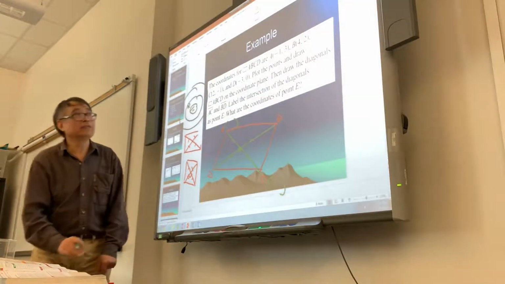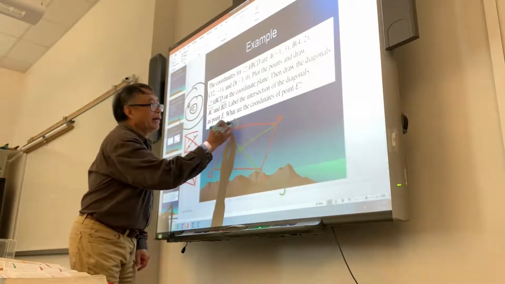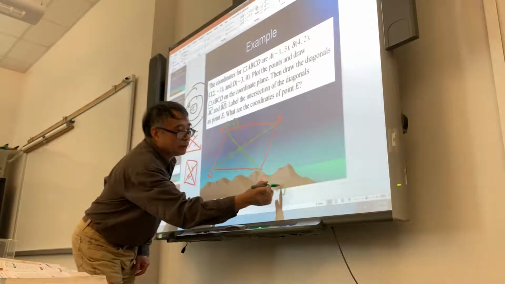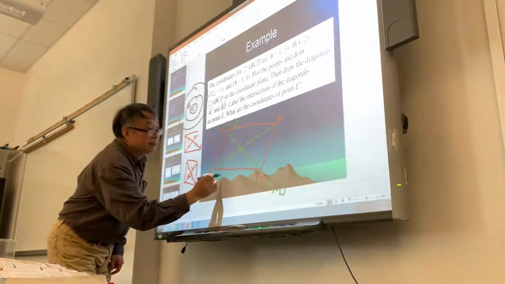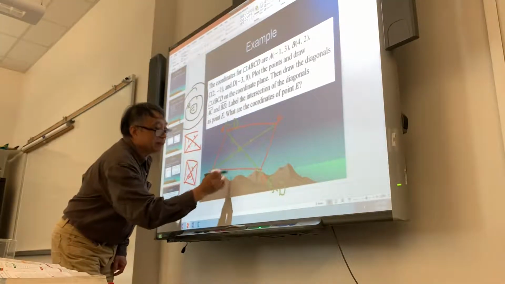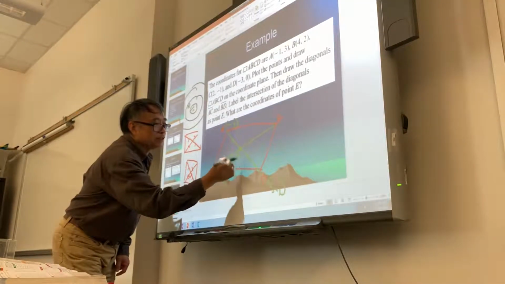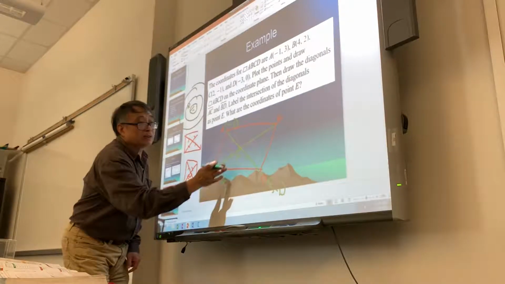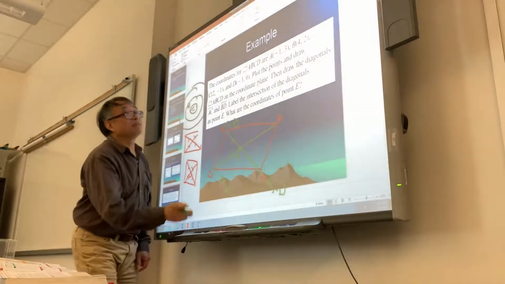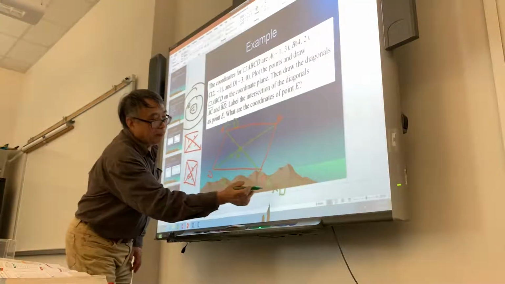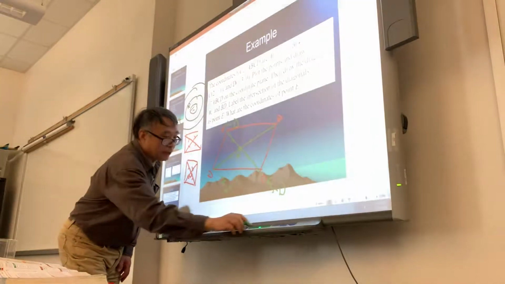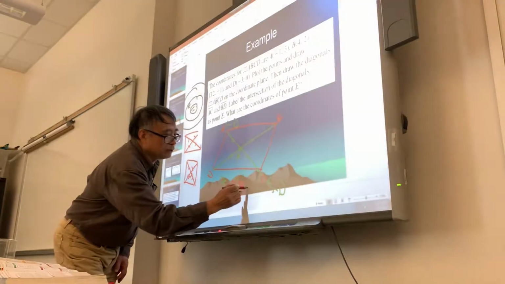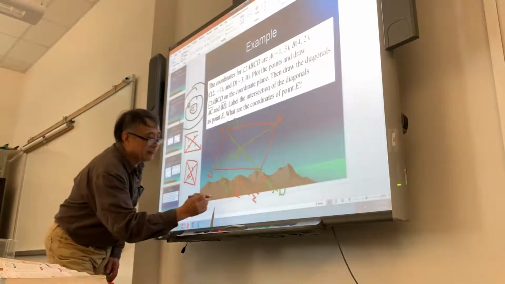Do you understand, please? A is negative 1, positive 3. C is 2, negative 1. So you can use this point P. The X coordinate of point P is negative 1 plus 2 over 2, you get 1/2.